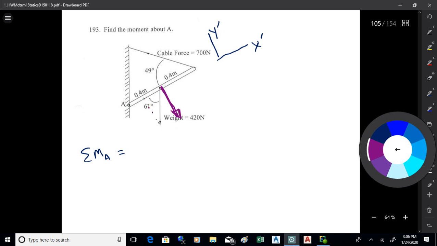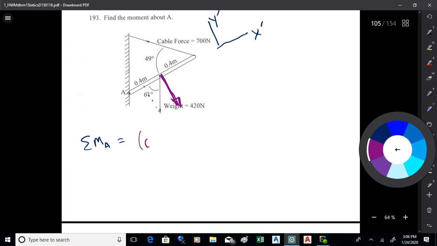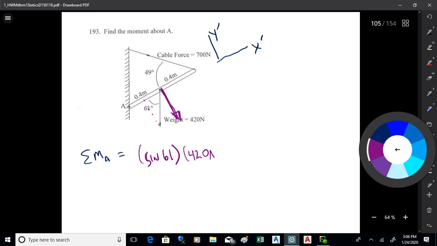That's opposite the angle, so that would be sine of 61, wouldn't it, times the 420 newtons. That gets you that component of force, and then you want the distance from A, which is 0.4 meters. If you held your pencil on the table and pushed on it in the direction of the purple arrow, that would go clockwise, I think, so that would get a negative.